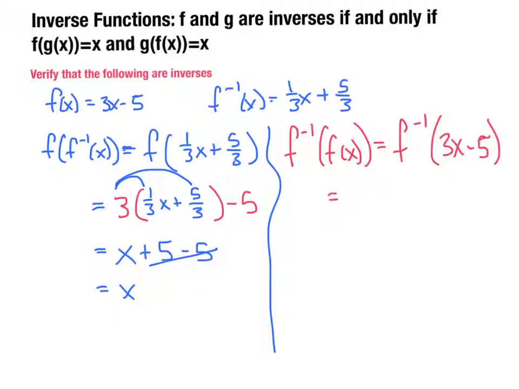So I'm going to write out this whole f inverse function. 1/3. I like to just leave a blank wherever there's an x, plus 5/3. And then I replace that x with the 3x minus 5.